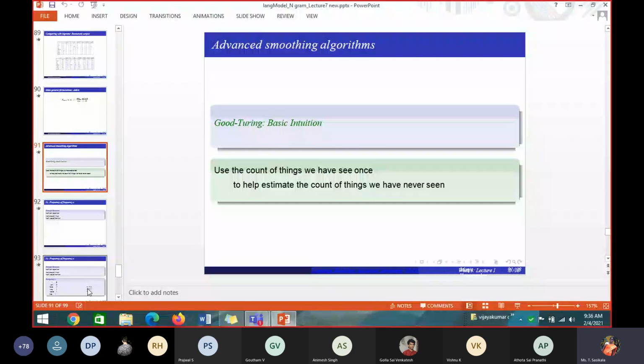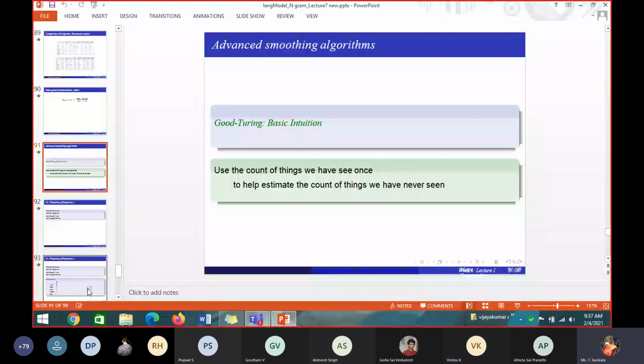Why won't we use the estimate of things you have seen once in your training data to estimate the things that are not seen? We can use the estimate of things you have seen once to estimate the things we have never seen in the training.